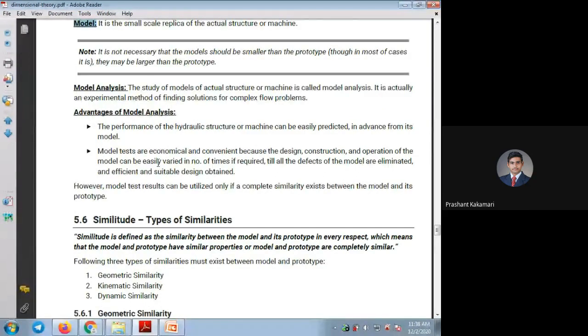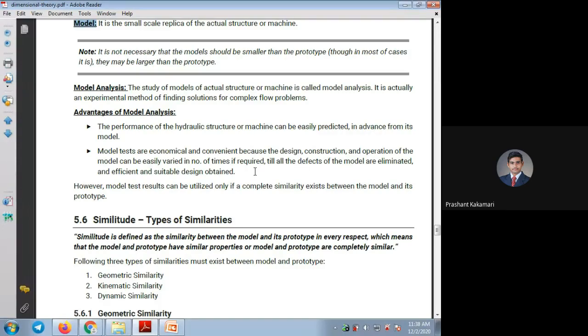Okay, so what is the advantage of this? As I told, the performance of a hydraulic structure or any machine can be easily predicted in advance, by spending less investment, and it is also more economical and convenient because the design, construction and operation of the model can be easily varied at any time if required.